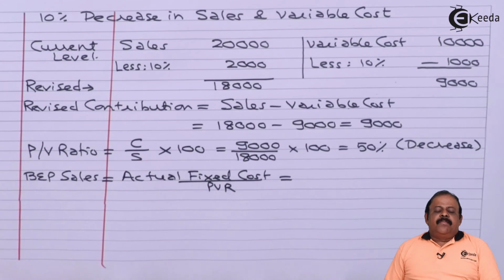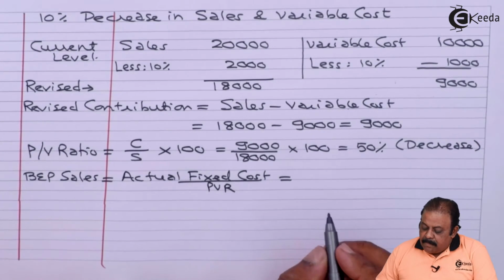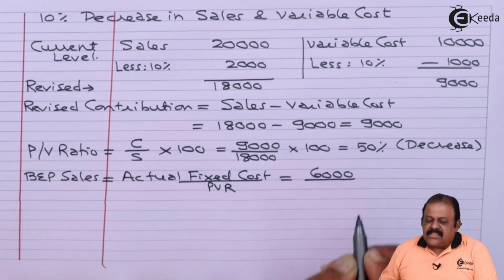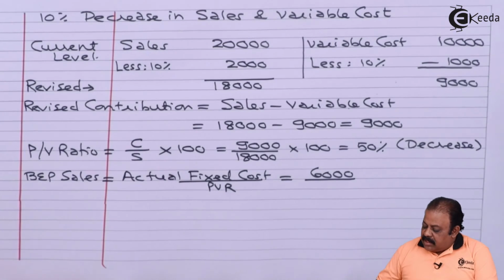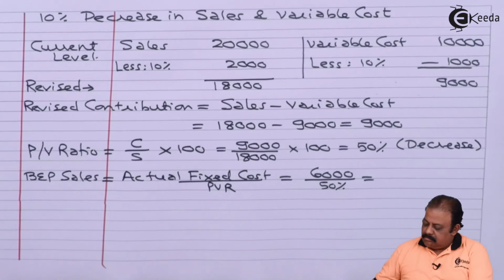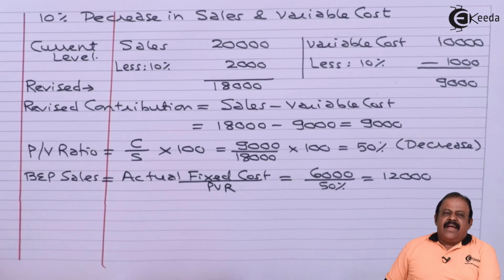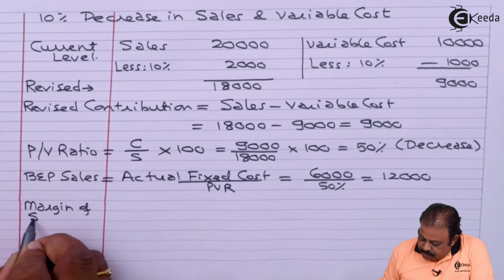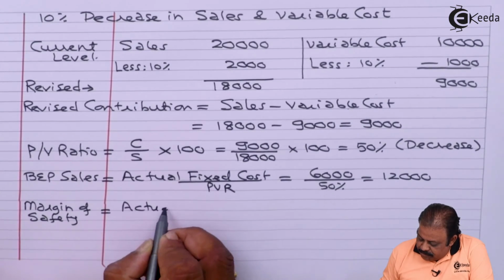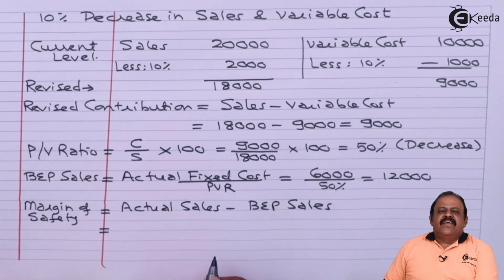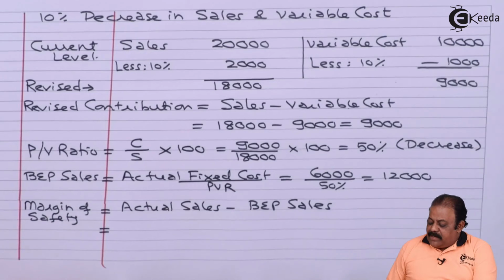Next, we are required to find out break-even point sales, that is fixed cost divided by PVR. Fixed cost, there is no change, 6,000 divided by revised PVR 50%. So revised break-even point sales is 12,000. Margin of safety, actual sales minus break-even point sales.